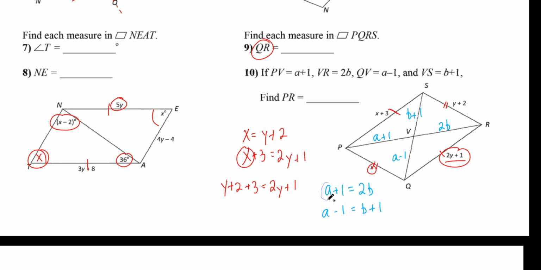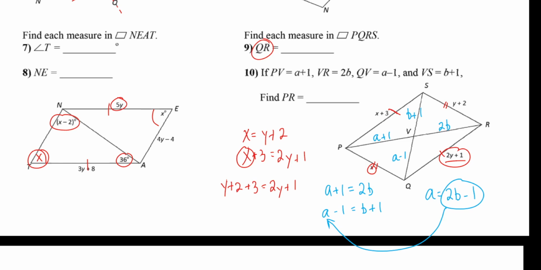You could solve for this A if you wanted to, or you could solve for this A. It doesn't make any difference. Let's just solve for the top A. So what would I do? Subtract a 1. So what's A equal to? 2B minus 1. So that's what A is. So I'm going to take that A and substitute it in for this A right there.